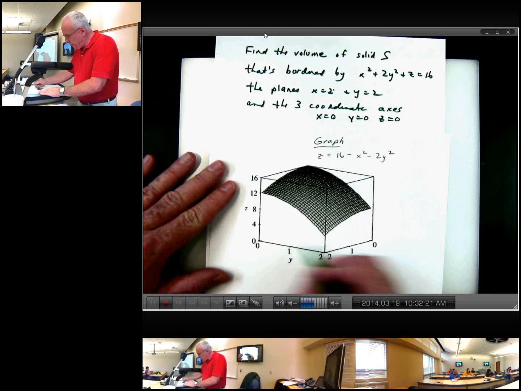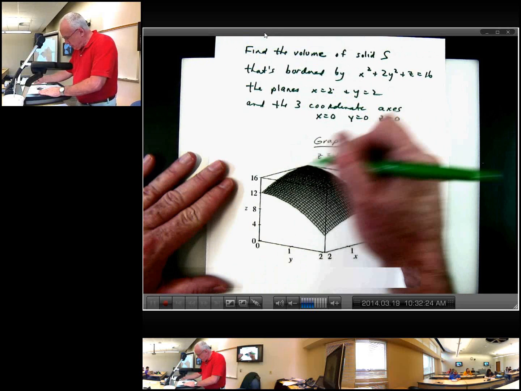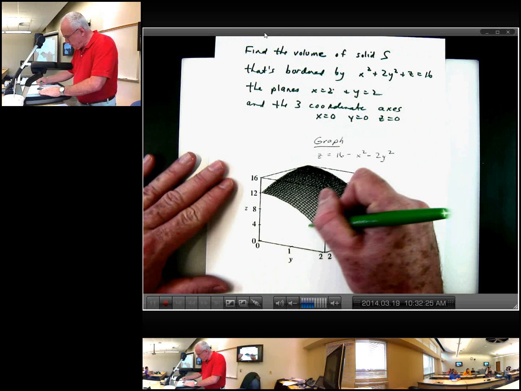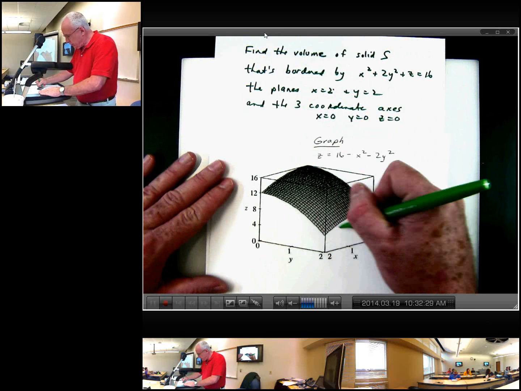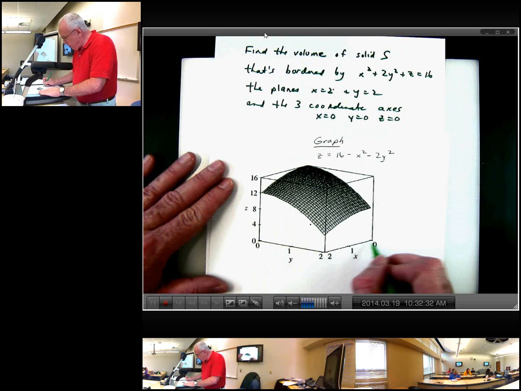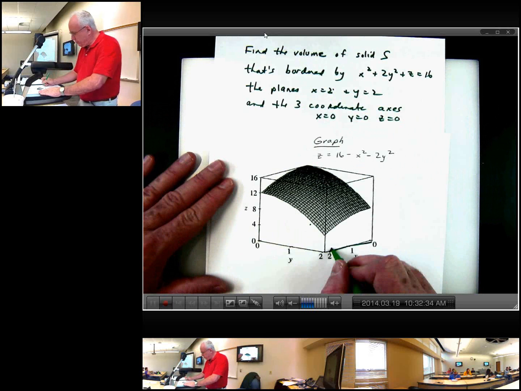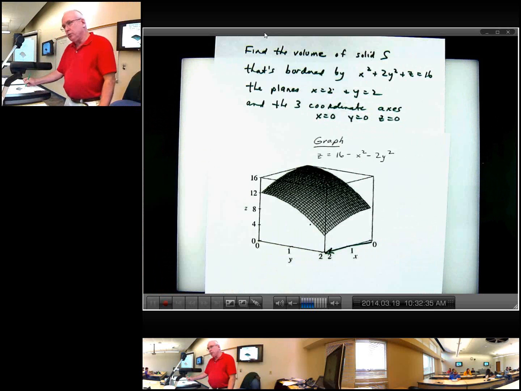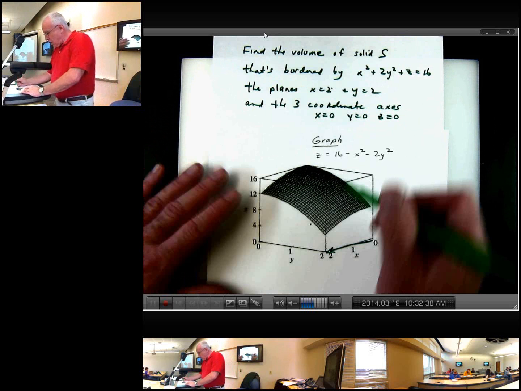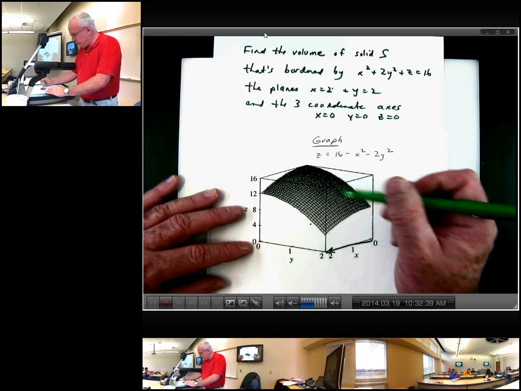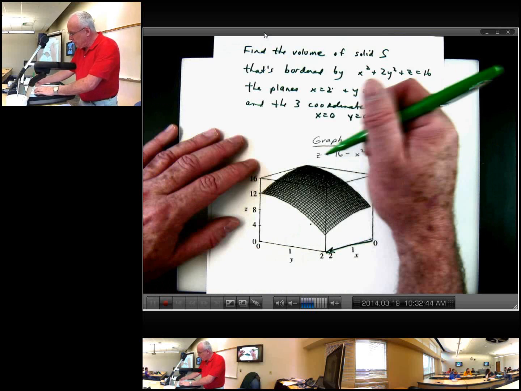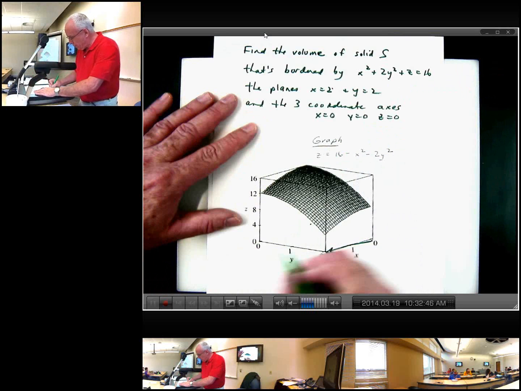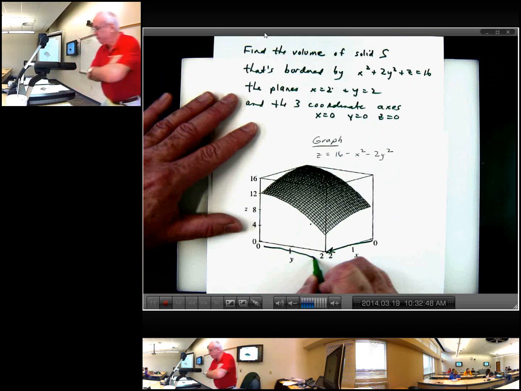Here we have our x-axis, and it's going from 0 to 2. Now this thing is kind of goofy the way it's drawn here. We then have our y-axis going from 0 to 2.